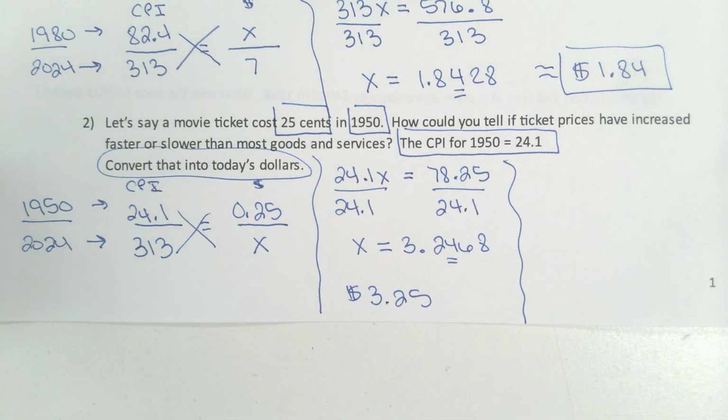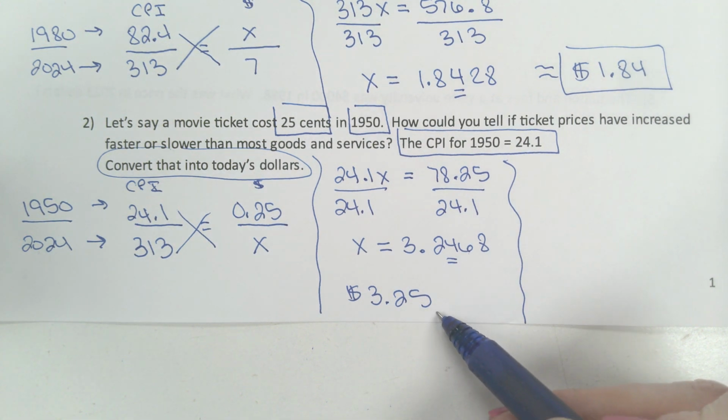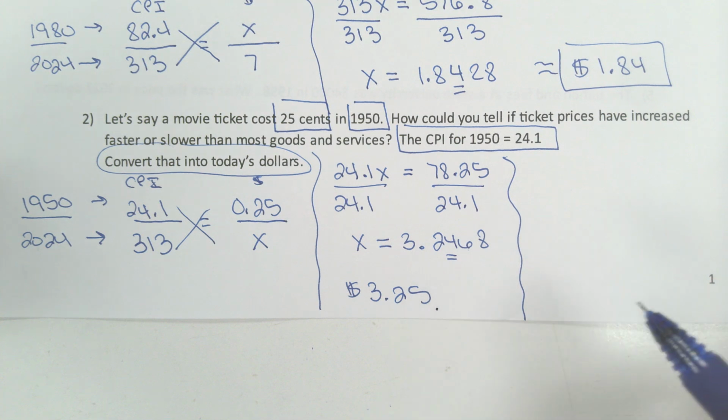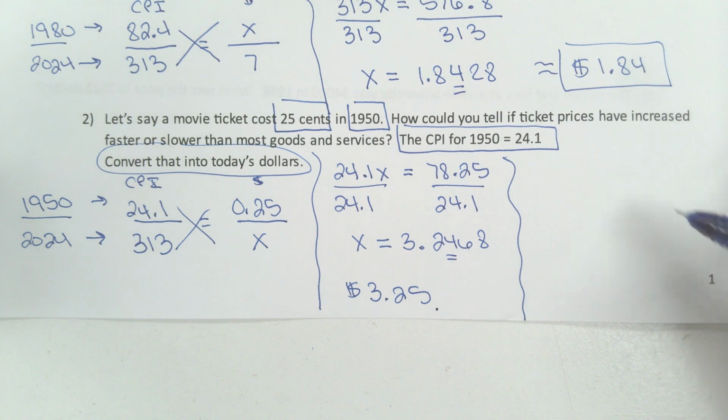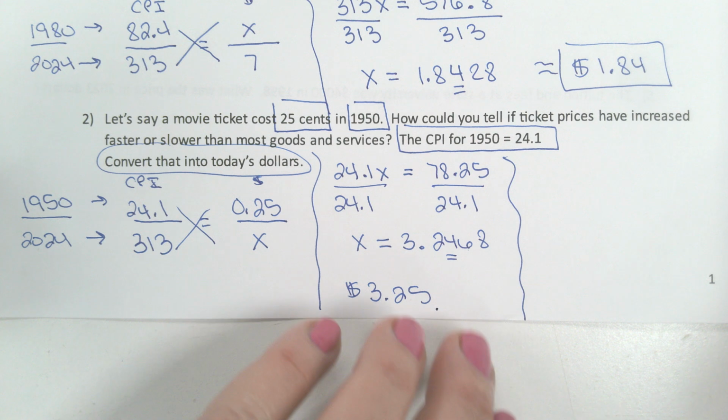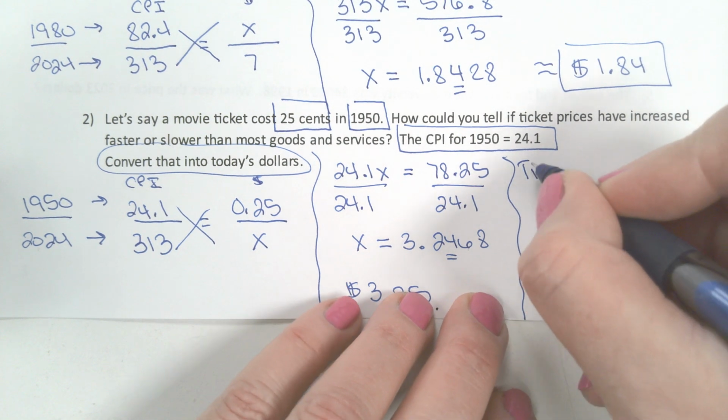Has anyone been to the movie recently? What did you pay for a ticket? $14. Okay. So are the ticket prices staying with inflation, or have they increased faster than most goods? They have increased faster.